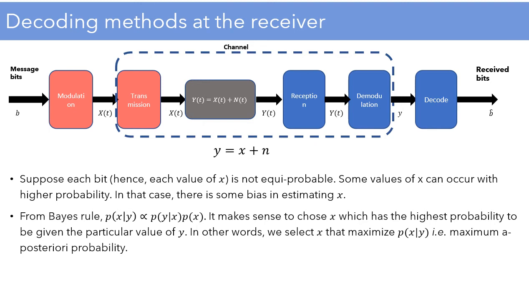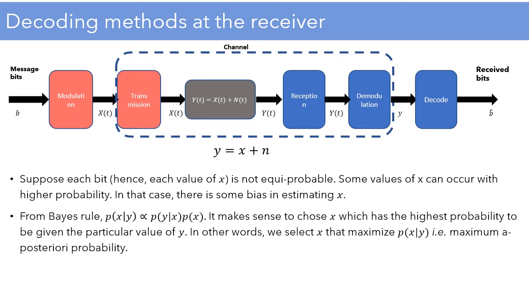In the earlier case we said that given y, we are trying to find that x which, if it had occurred, makes this y more likely. Now the more intuitive and simpler way is to ask given y, which x is more likely. From Bayes' rule, the probability of x given y is proportional to p(y given x) times p(x).